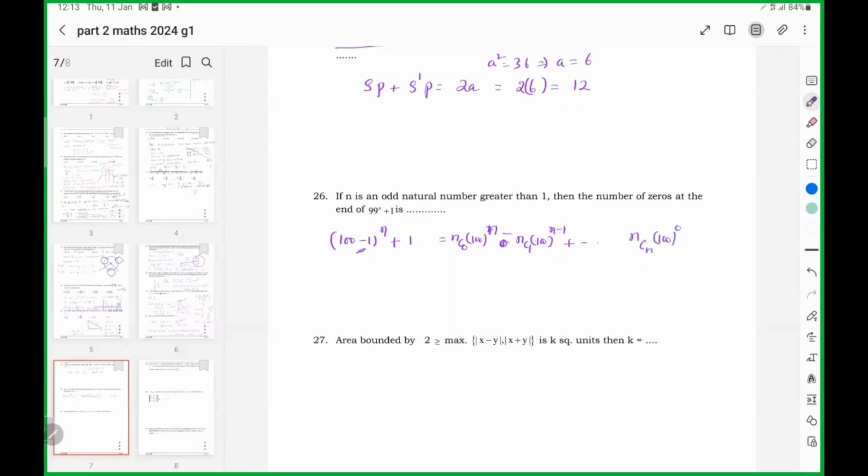100 power 0, which is minus, plus 1 is there. NCN is 1. This gets cancelled. Before this, you have a term NCN minus 100 power 1.